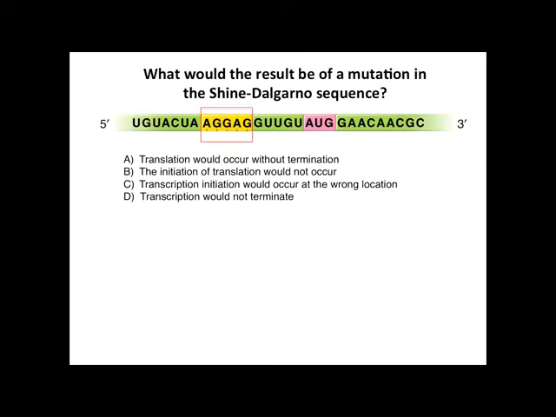Now, think for a second, what do you think would occur if there was a mutation in this Shine-Dalgarno sequence? Obviously, you can't click in, but just take a minute, think it over.